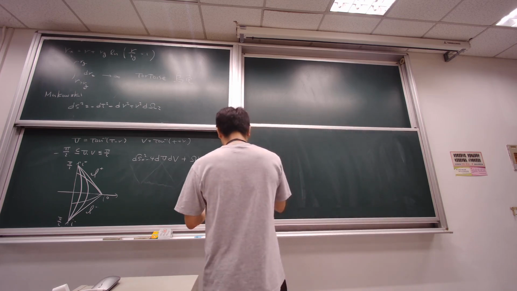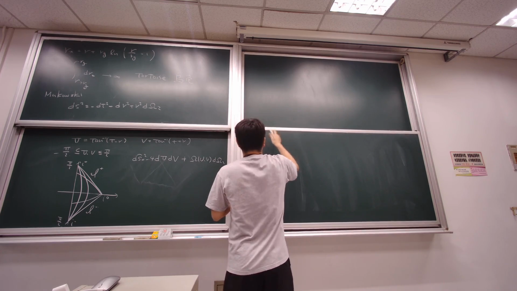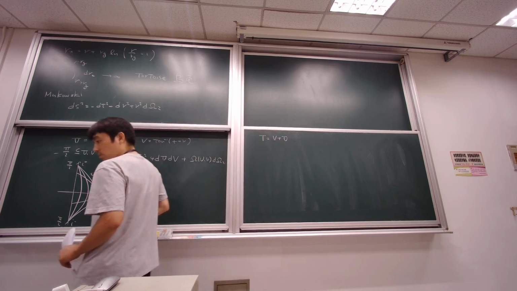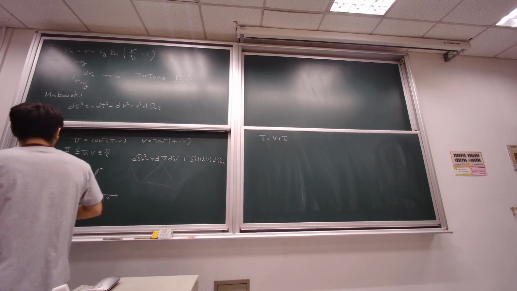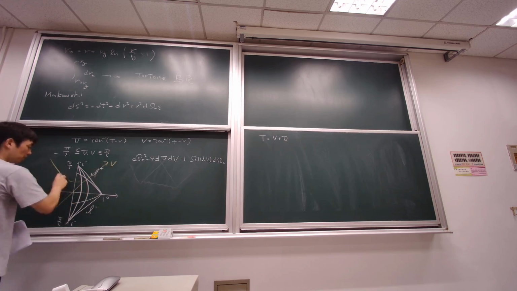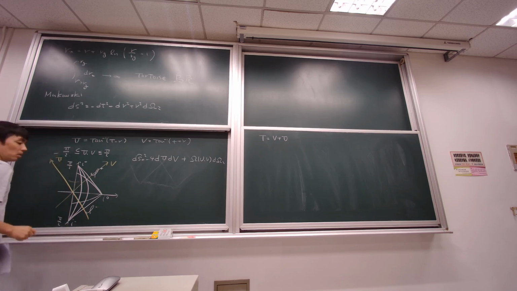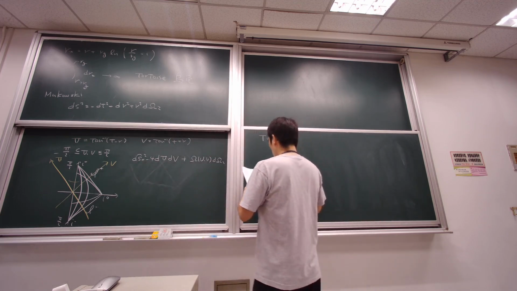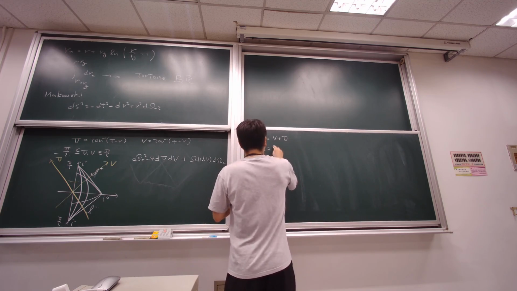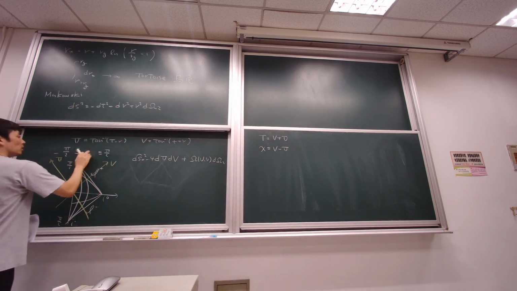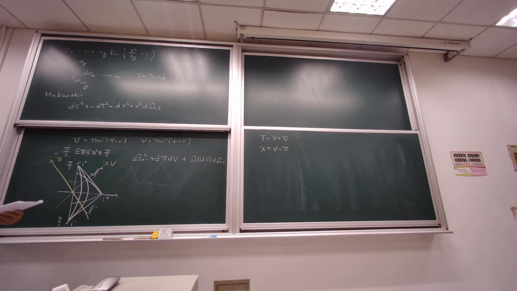And then we can again introduce a new coordinate. The new coordinate is something like t equal to v plus u. In this case, here is the v direction. This one is the u direction. Okay, u direction, and then chi equal to v minus u. Here, u has to be greater than v. That's what we need to introduce.